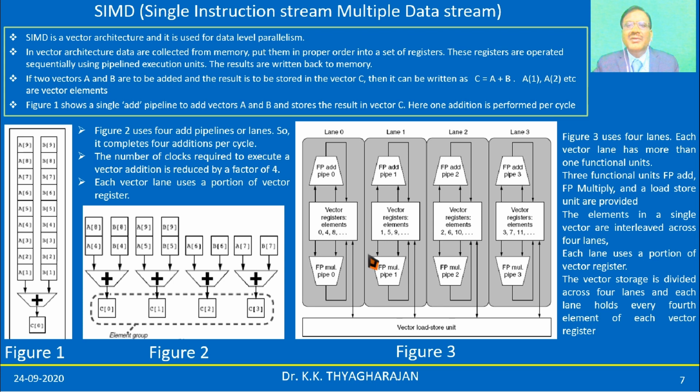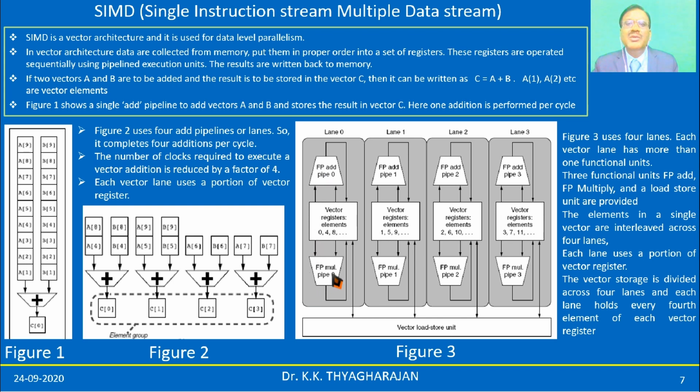Now, you see this third figure. It is an expanded version with more functional units. Earlier we were using only one functional unit, that is addition, but we were using 4 such units with 4 lanes. Here we have 4 lanes, and we have 4 functional units in each lane. That is FP add, floating point addition, that is one functional unit.